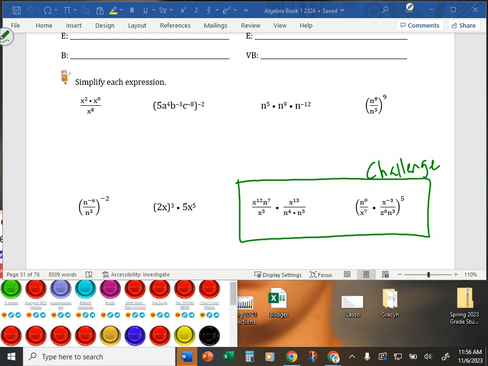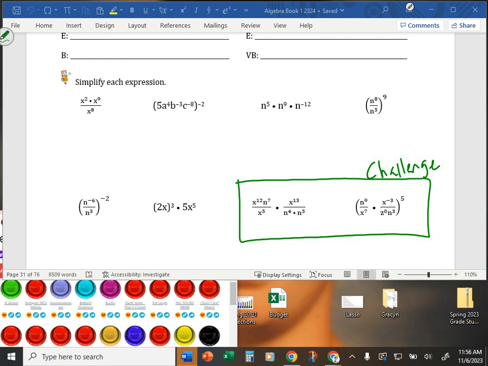Okay? On the previous page, we simplified within the parentheses first. I wouldn't recommend doing that here because that negative exponent on the outside is going to change the sign of everything on the inside. So everything that you don't have to move right now because the power is positive, you will. Everything you do have to move right now because the power is negative, you actually won't.